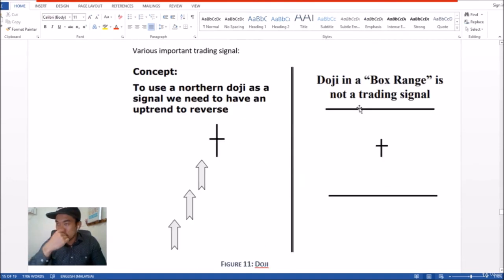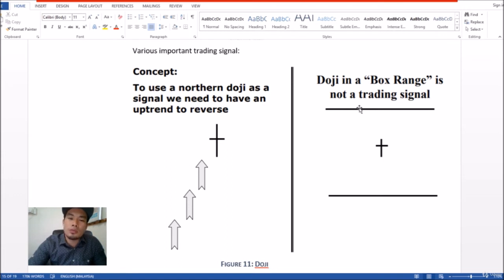So now this is one extra piece of knowledge on how people use candlesticks as an important signal. For example, this doji, as I told you, although it indicates indecision between buyer and seller, it can also indicate that a price reversal is coming in.